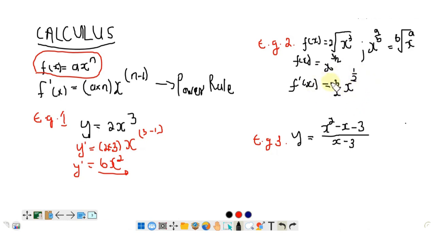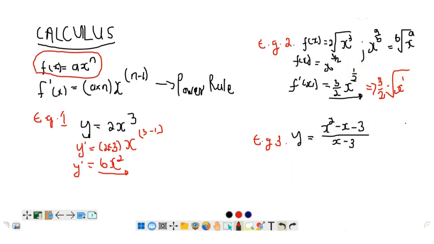So here you have it. If they say leave your answer in surd form, meaning you have to take it back to the root. This is the derivative, this is the answer. If you want to write it in the root form, it's going to be 3 over 2, and then because we have 2 here, it's going to be the root of x to the power 1, because the 2 comes outside and the numerator remains.